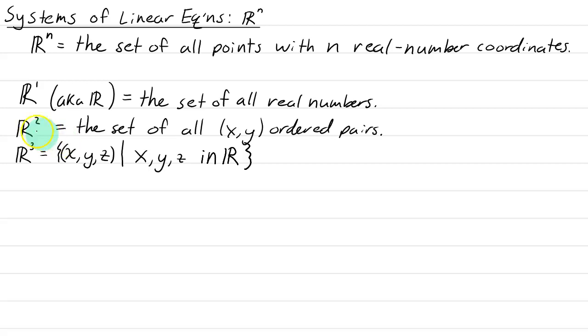And you're used to visualizing R2 as the plane, where you just graph your x and y points. So if you have (3, 2), you think of that as the point (3, 2) there. In R3, it's a little bit different.